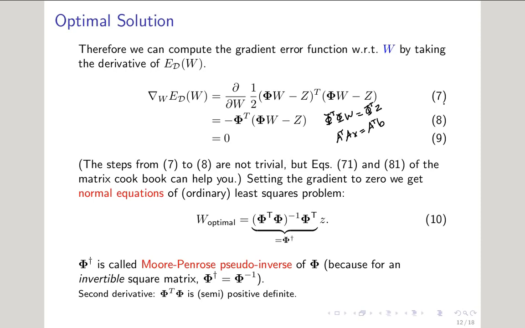Now, the steps between equation 7 and equation 8 are not trivial, but if you're interested, using equations 71 and 81 of the Matrix Cookbook can help you derive those steps.